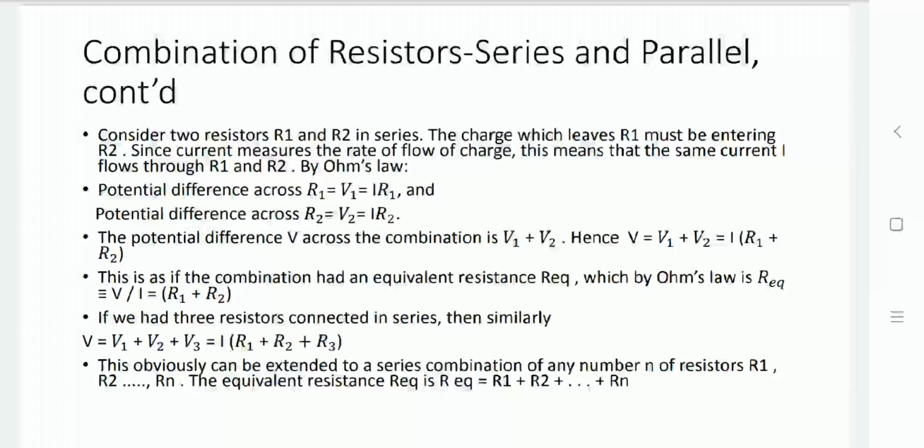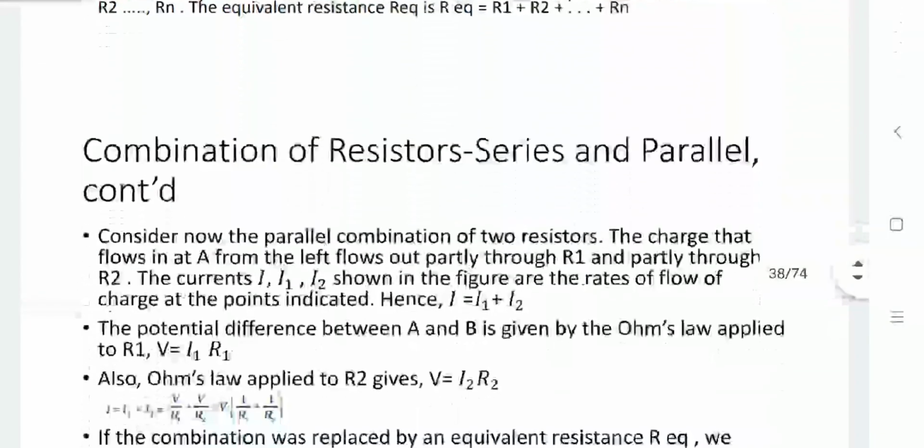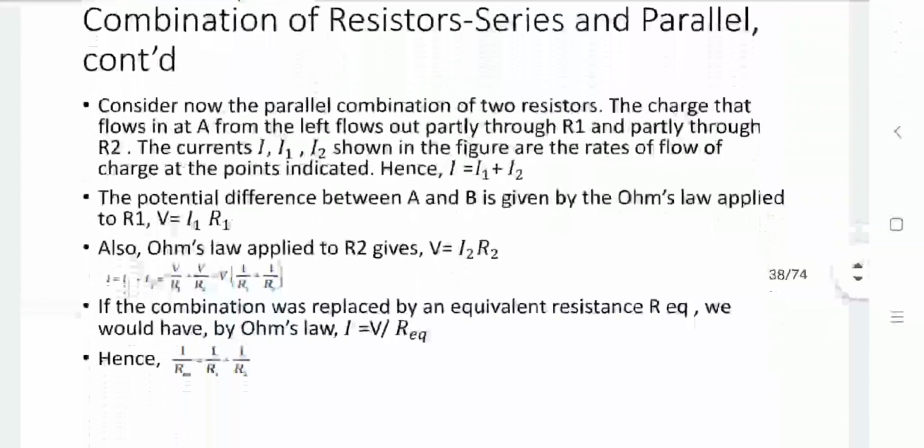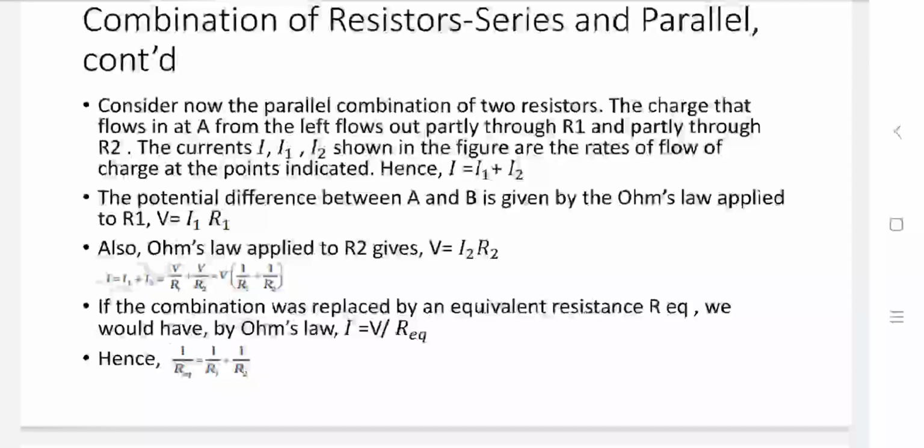Likewise, for the parallel equivalent equation, as we have seen, the current is different and is transferred through both the resistors. So we can say that I equals I1 plus I2.